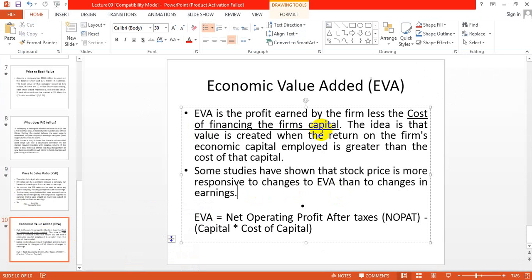Now, what is he saying? The idea is that value is created when the return on the firm's economic capital employed is greater than the cost of capital. If the return of the company, the profit of the company, is greater than the cost of that capital.